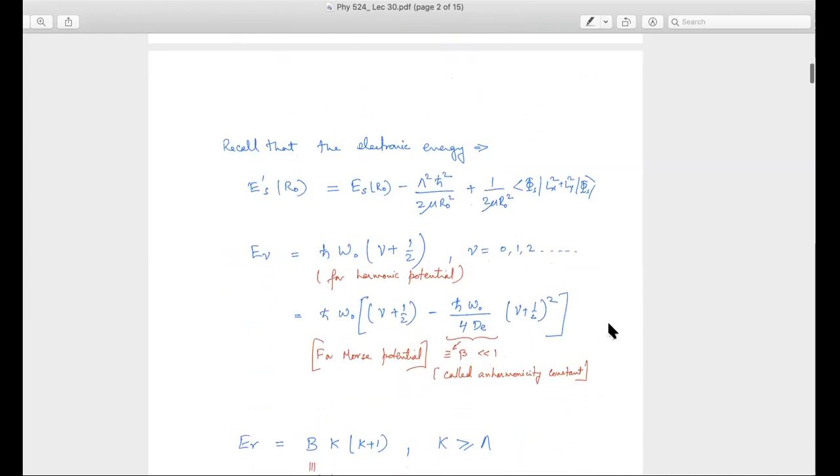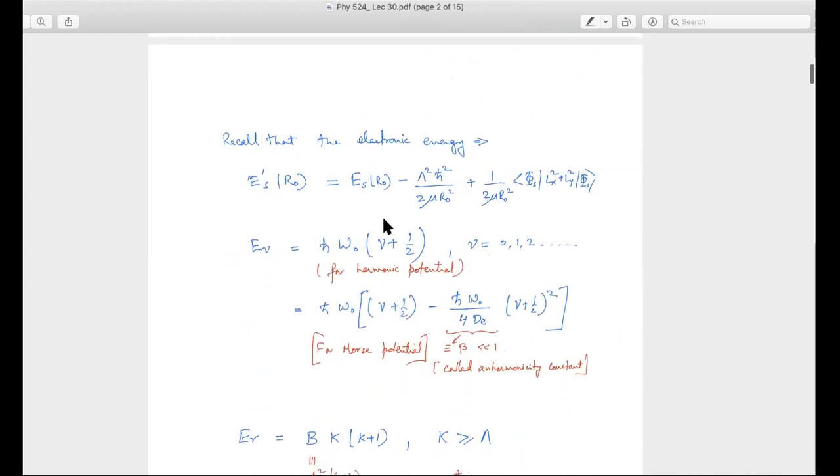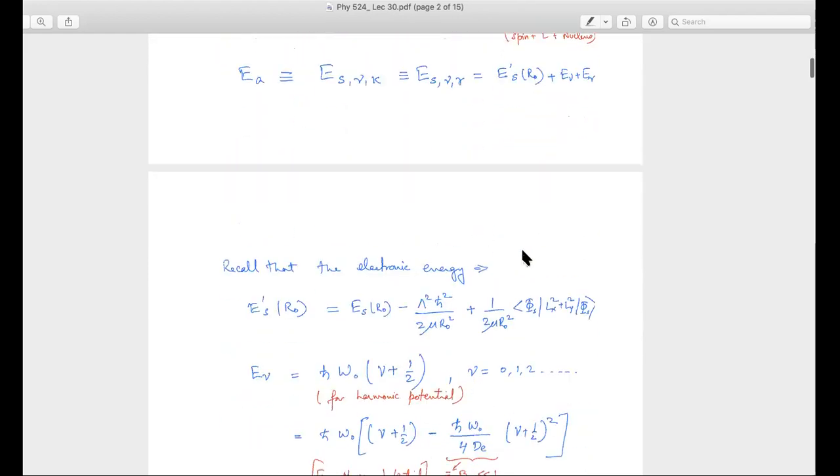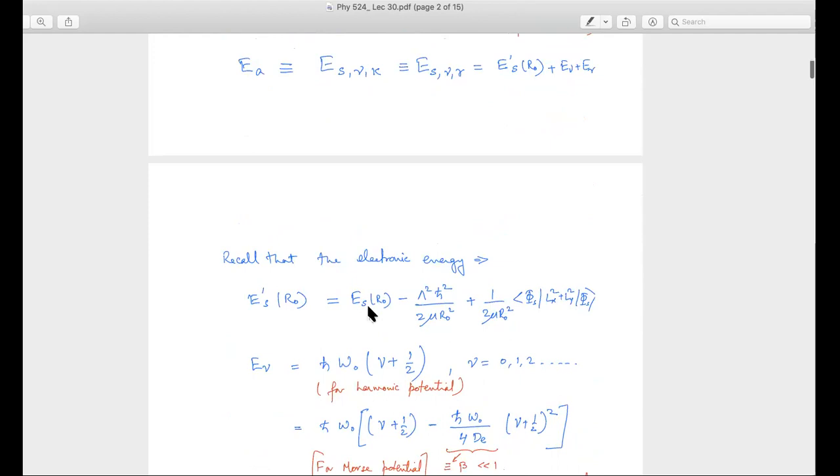And we saw that for E_S prime R particularly, the electronic part of the energy, we could write as E_S R0, the part which came from the electronic part of the wave function, plus some part which comes from this nuclear part also. And since this appears as a sort of a potential in the nuclear part, we can add these two terms of the nuclear energy to the electronic energy.